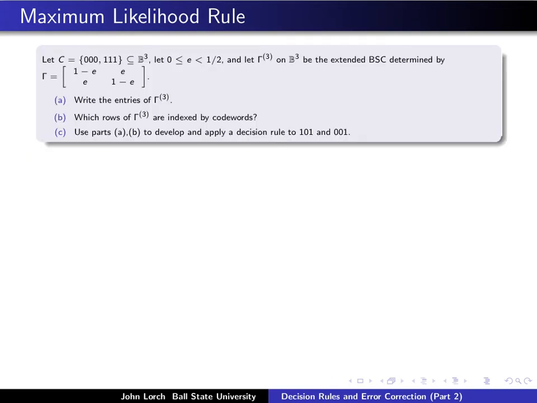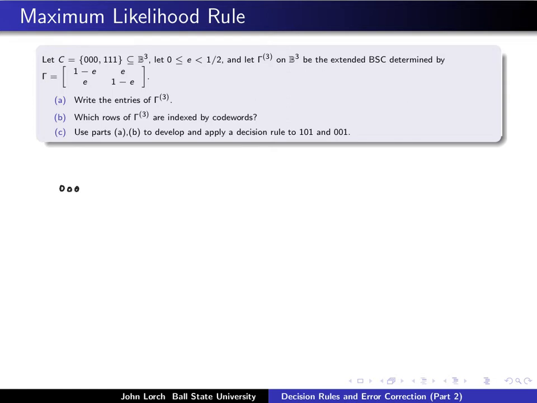Okay, here once again we see our example written in much smaller font this time. It allows us a little bit of space to work. So again, we are to write the entries of this channel matrix, gamma 3. So remember, the rows of gamma 3 are indexed by binary strings of length 3, as are the columns. So the rows, these are input strings. So let's just write them down.